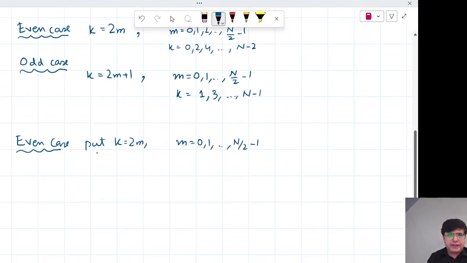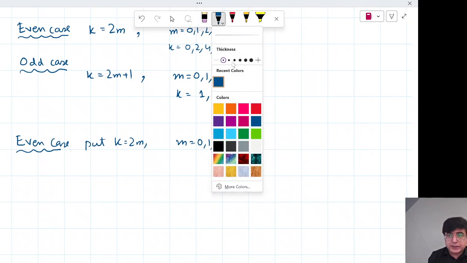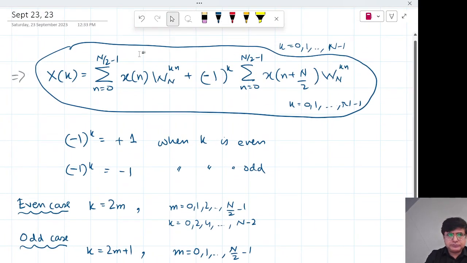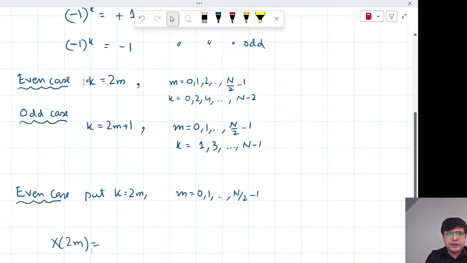So for the even case, I am going to put k equals 2m. Then I will have x of 2m equals. So I am just replacing k with 2m. So wherever I have k, I will just replace it with 2m.